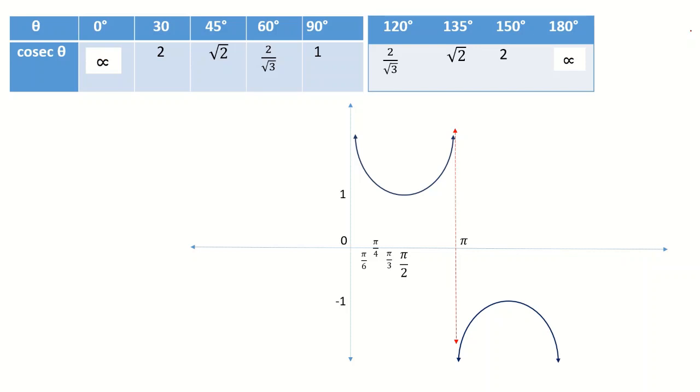Thus the graph shows us like this. As you can see here, right at the angle 0 degree it is infinity, and similarly at angle 180 degree, that is pi, it goes to infinity. The shape of the graph is much like a parabola.